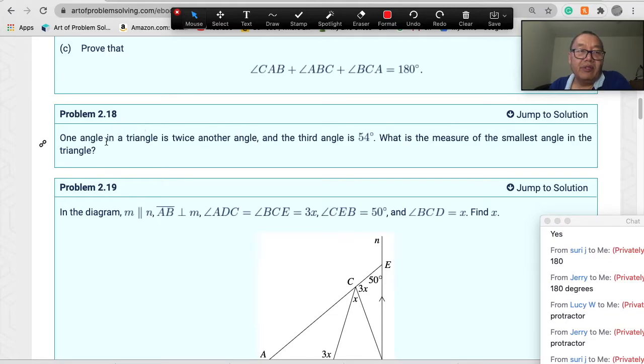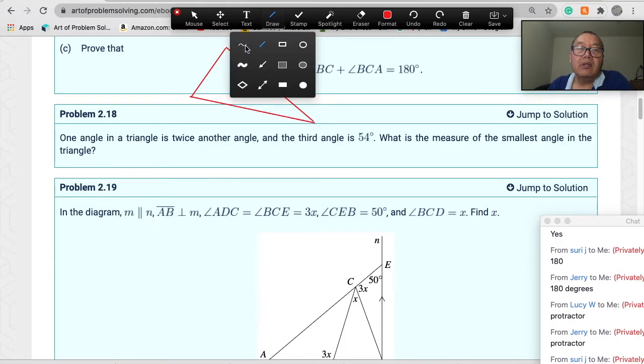2.18. Say one angle in a triangle is twice another angle, and the third angle is 54 degrees. What is the measure of the smallest angle in the triangle? Okay, so you still need to draw a triangle first. Suppose you draw a triangle something like this.